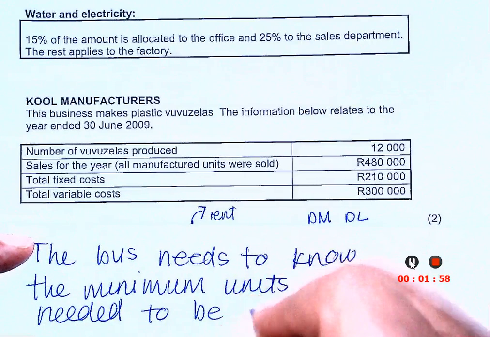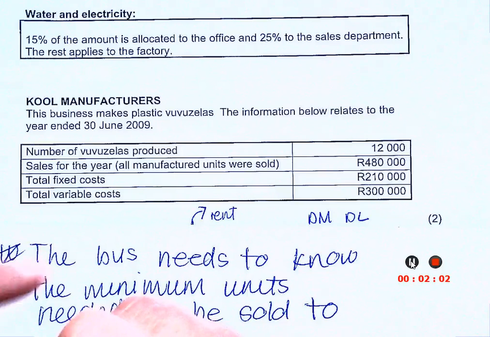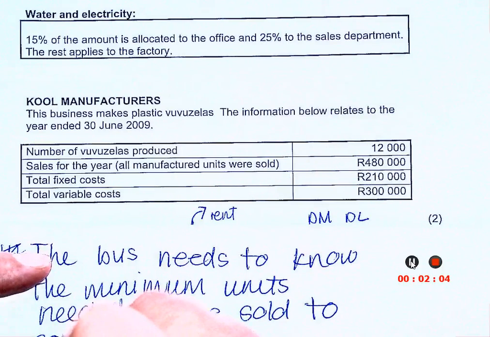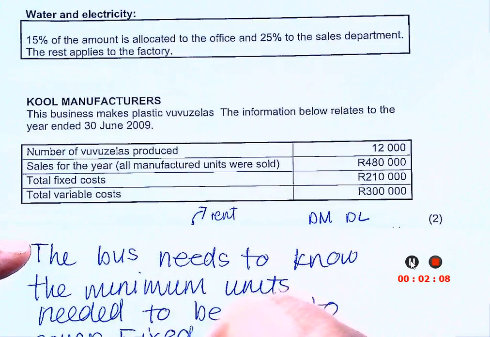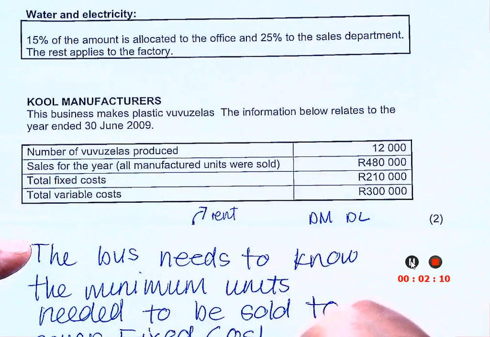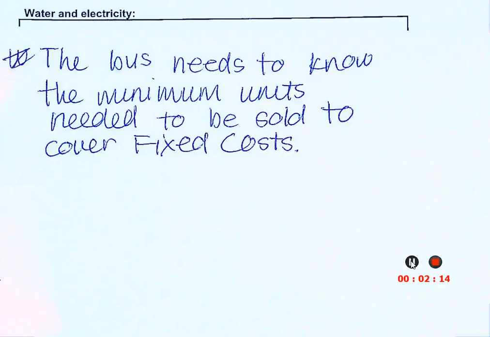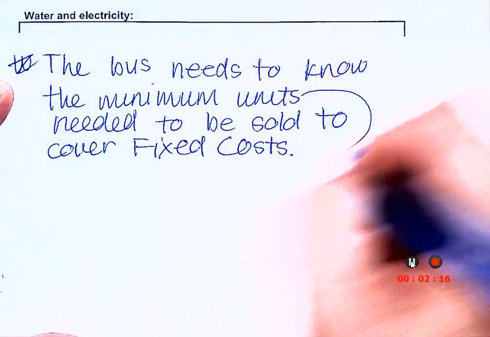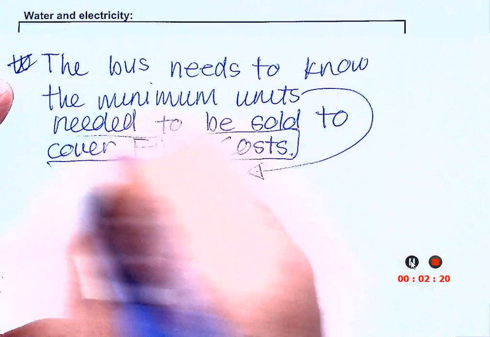To be sold to cover fixed cost. Or you can say the business needs to know the minimum units you can have to cover fixed cost.